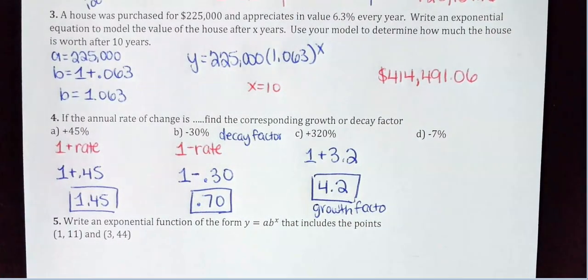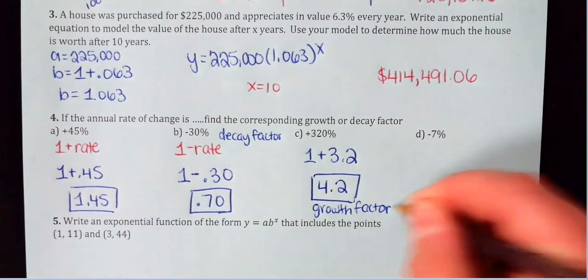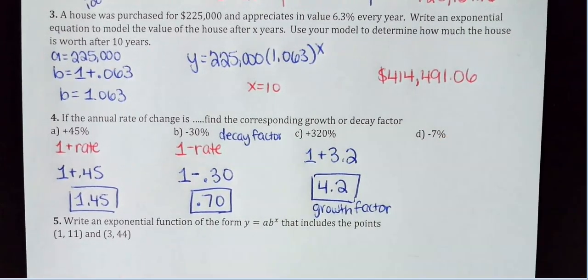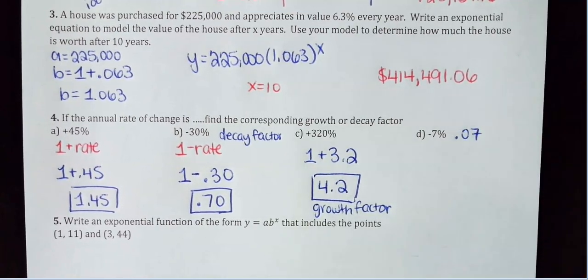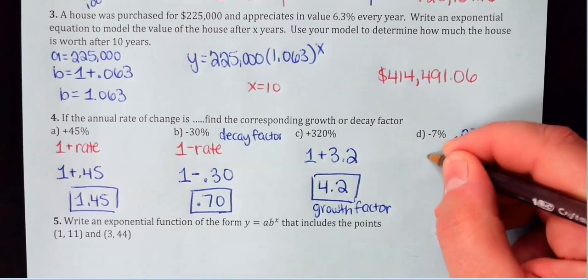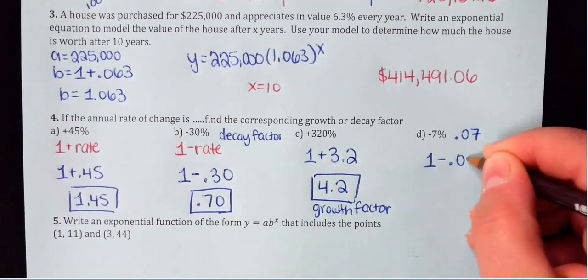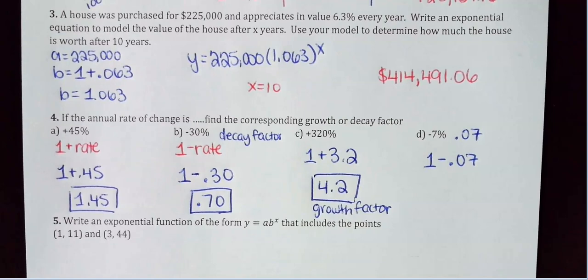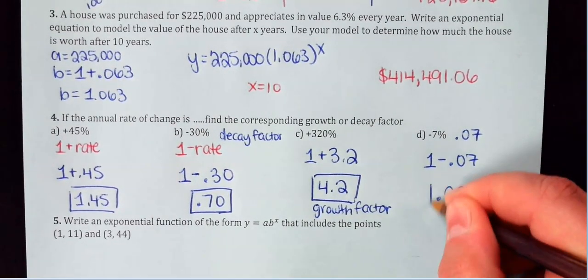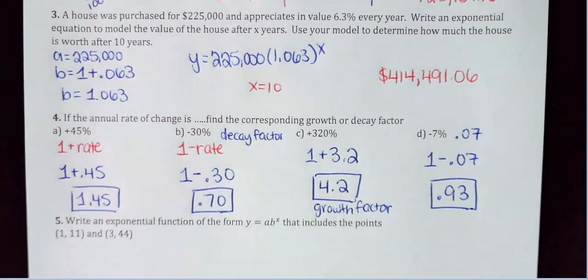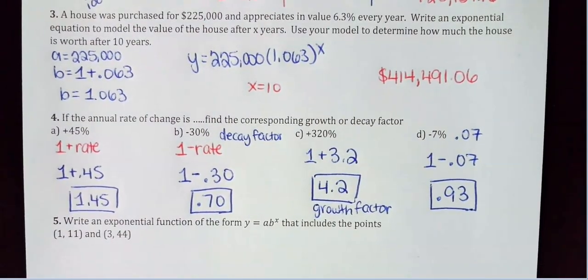If you're increasing something by 320%, you're more than tripling it. And I just spelled the word factor wrong. Now, if you have a single digit, like this is just minus 7%, don't forget this is 0.07 as a decimal. So if I'm taking that away, it's 1 minus 0.07. Like if you had 100% on a test and I took 7% away, then you would still get a 93. That would be decay factor there because we're going down from 1.